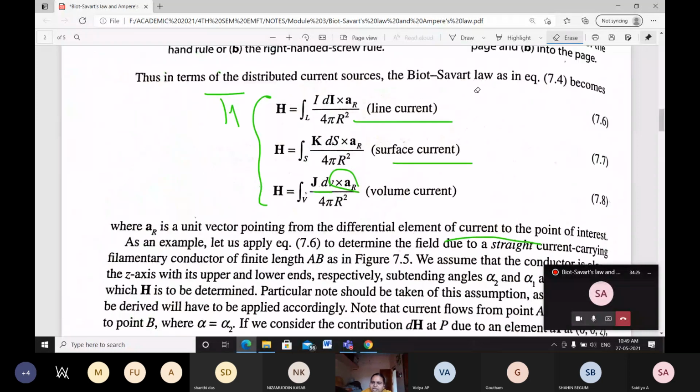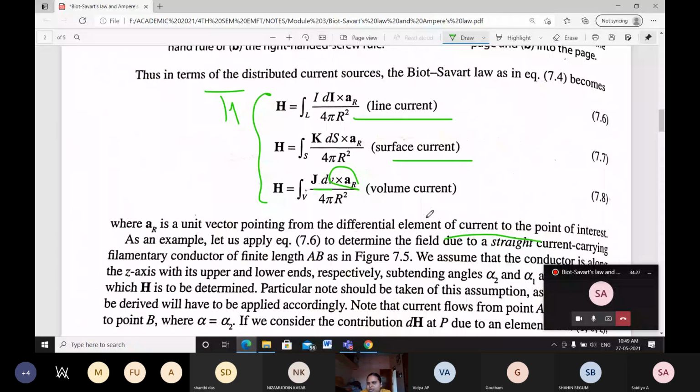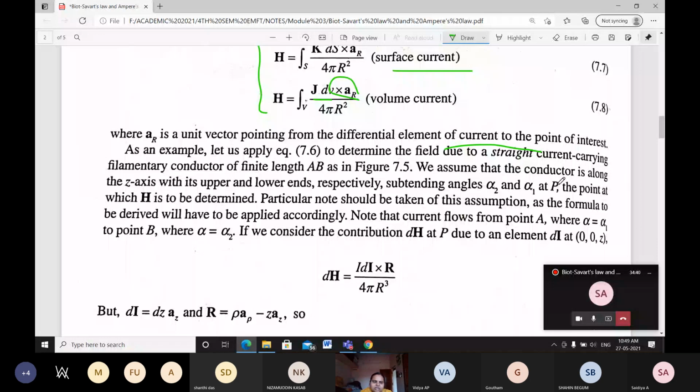Length AB, we assume that the conductor is along the Z axis. Just an assumption, that the conductor, maybe copper, you can assume, is along the Z axis with its upper and lower ends respectively.